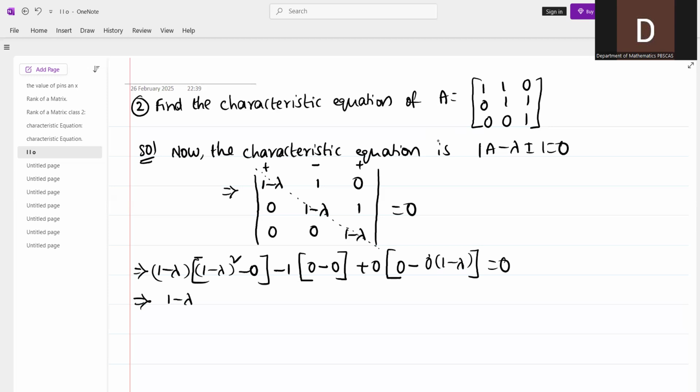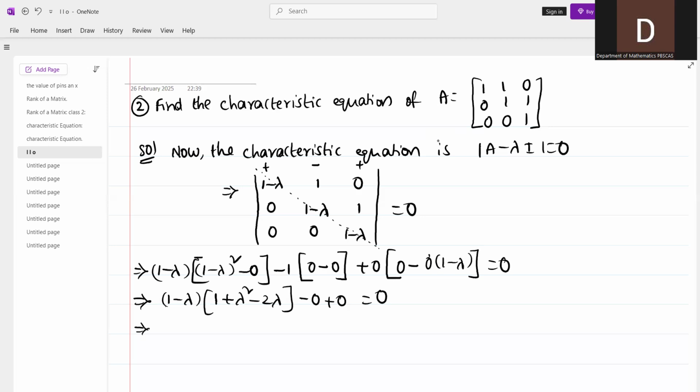That implies 1 minus lambda into (a minus b) whole square formula, a square plus b square minus 2ab, minus 0 plus 0, that is equal to 0. ఎందుకని minus is the total గా 0 and this is also total 0.